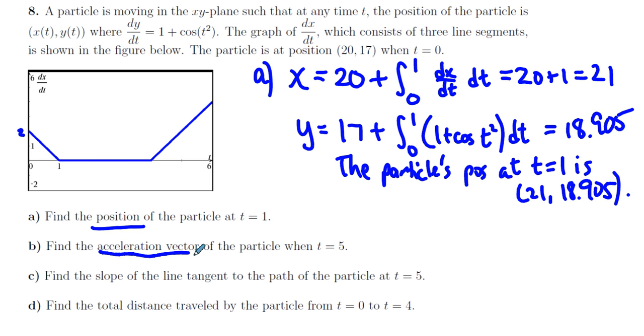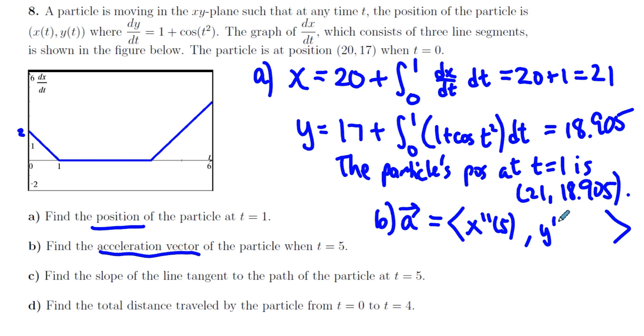Well, what about the acceleration vector? Well, the acceleration vector is the derivative of dx dt and the derivative of dy dt at time equals 5. Well, it's x double prime of 5, y double prime of 5.